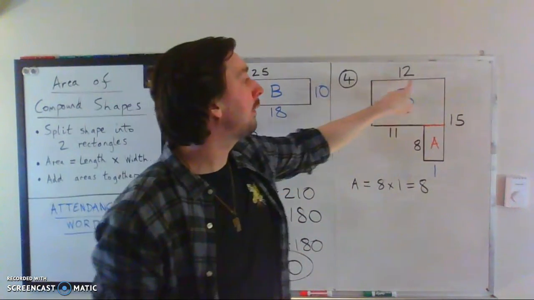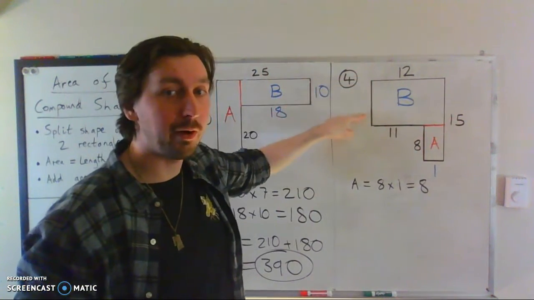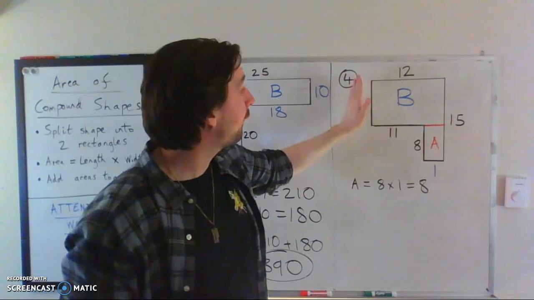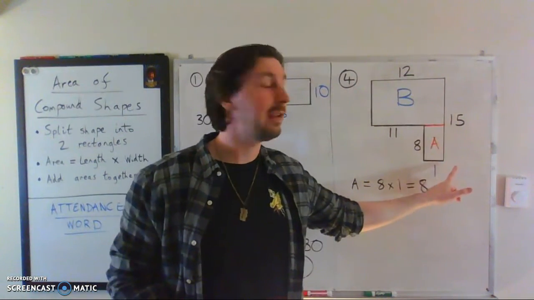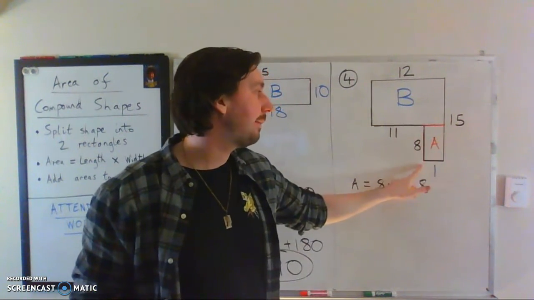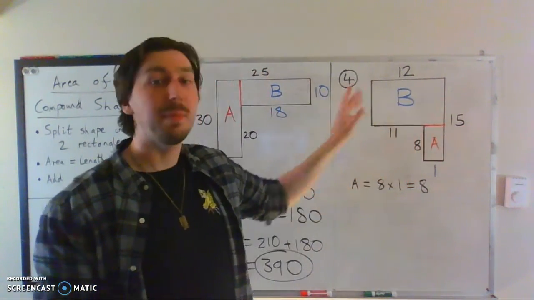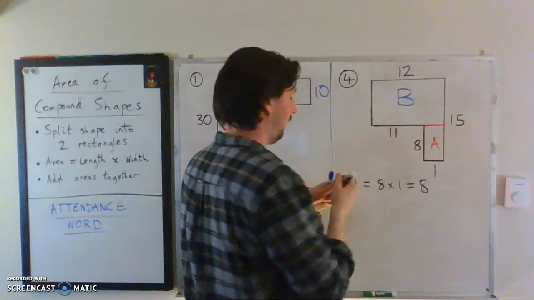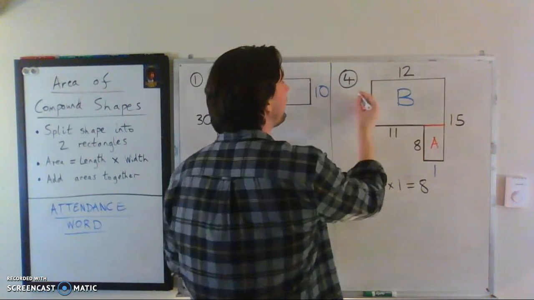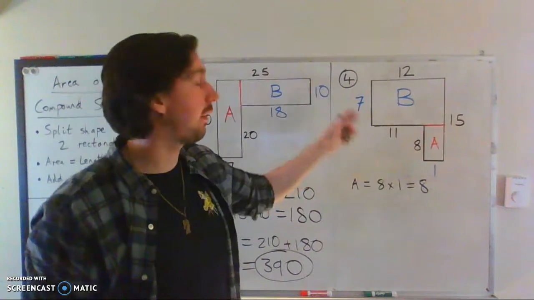I've got the whole of this part, it's 12. I need to know how long just this part is. If I look at the parallel lines, I can see that the whole of this is 15, and this part is 8. So if I do 15 take away 8, I'll be left with 7. Sorry, let me just do that in blue. Everything in black was part of the question.